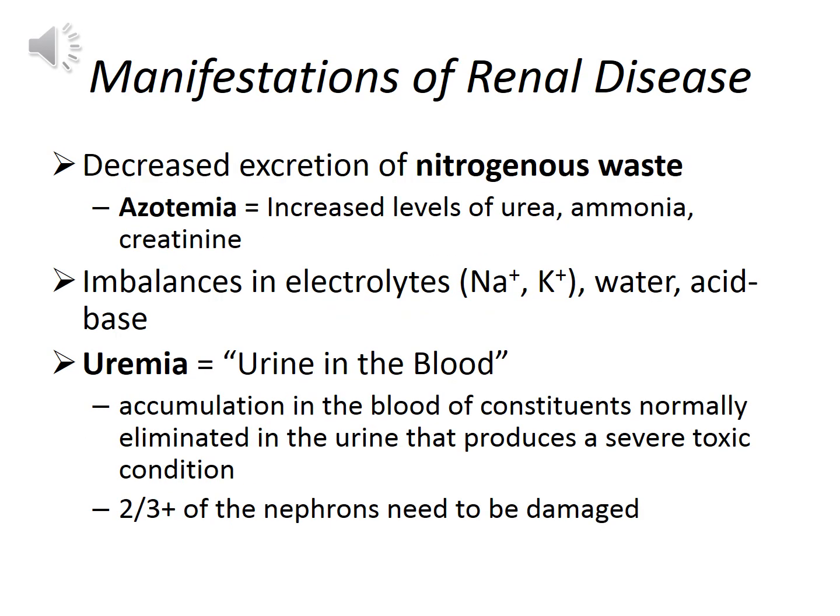So regardless of whether it's pre-renal, renal, or post-renal, we have similar manifestations that occur in these patients. Really, the primary thing we see is a decrease in the ability to get rid of our nitrogenous waste. So urea, our blood urea nitrogen, creatinine. We actually have ammonia that builds up.